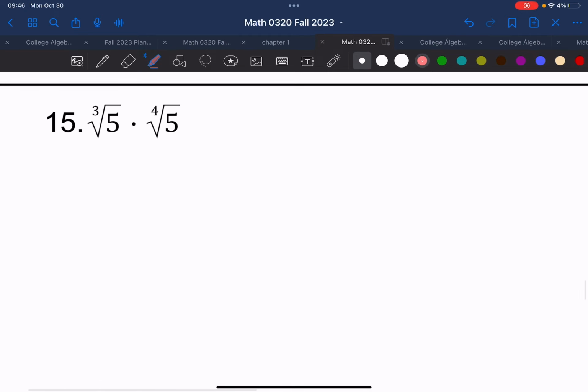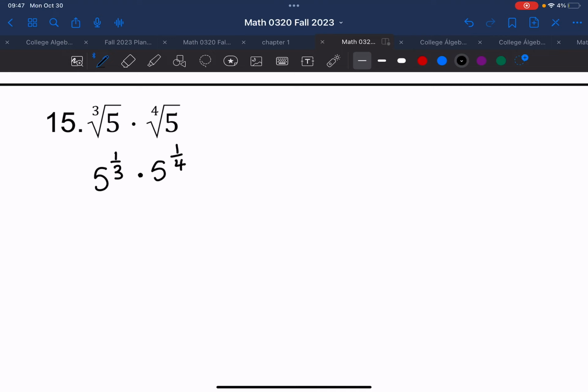Okay? So that means the cube root of 5 is the same as saying 5 to the 1/3. Do you guys remember doing that a couple notes back? Turning a radical into an exponent. Times, what would be the fourth root of 5? 5 to the 1/4.